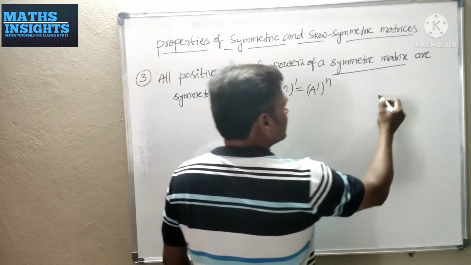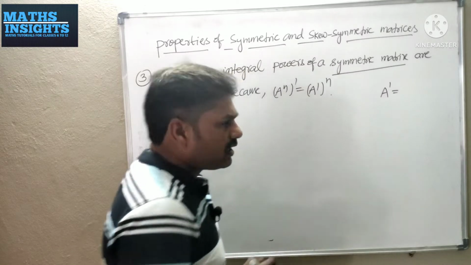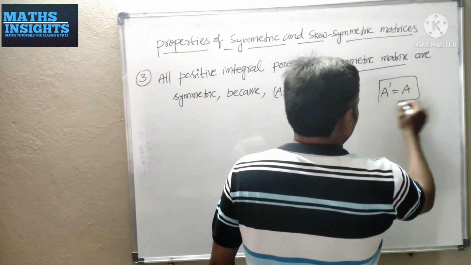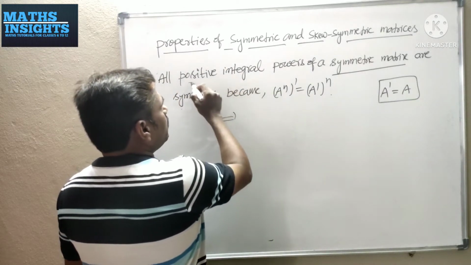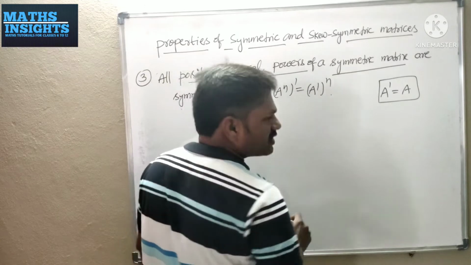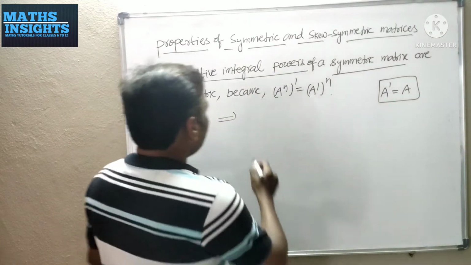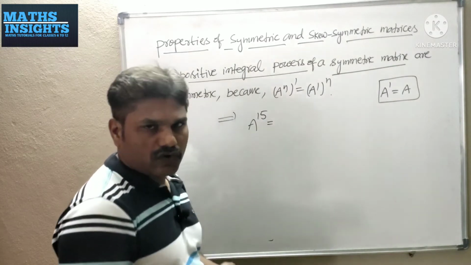Symmetric matrix means they are giving the condition that if you have taken A, then A dash is equal to A. This is the condition. Now, I want to prove that. A is a symmetric matrix, they have given. Now, I want to prove whether A power 15 is symmetric or not.